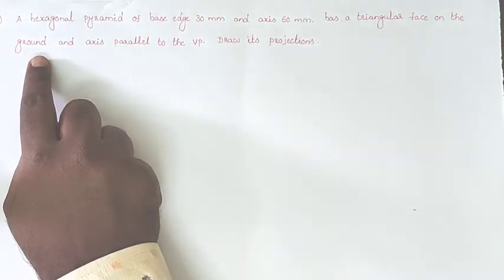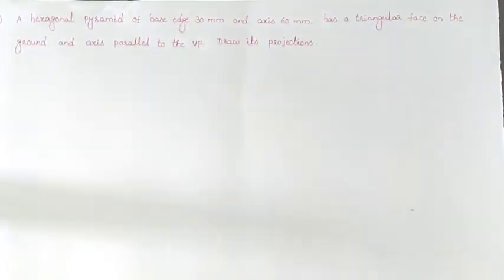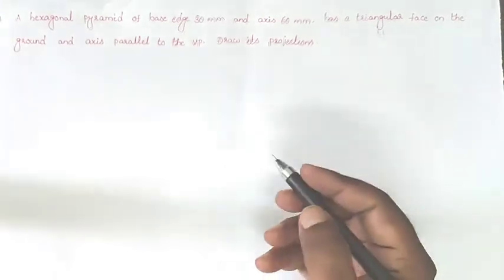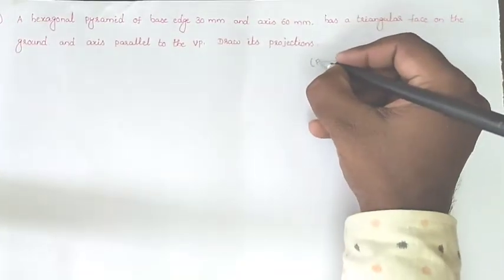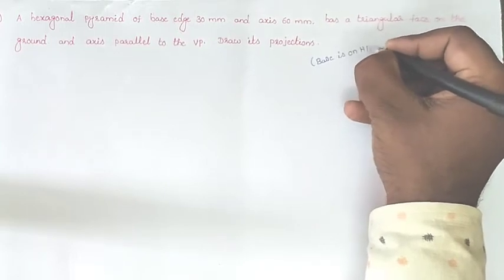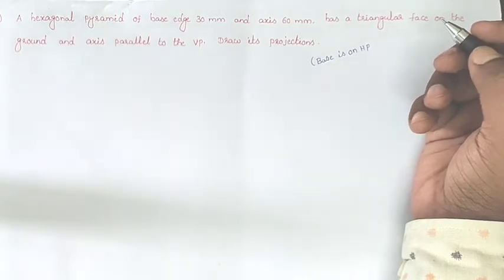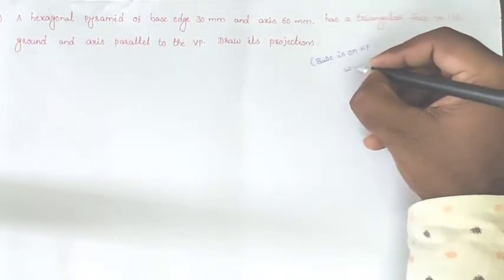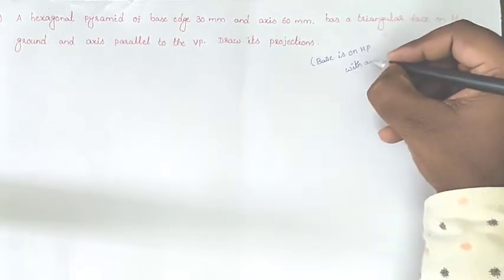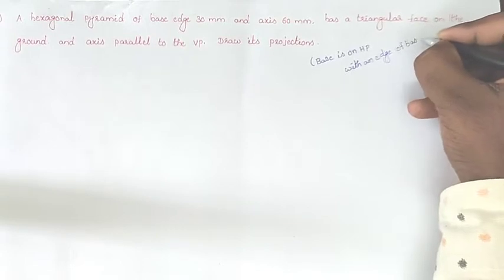Or when the pyramid having one of its triangle faces in the HP and axis parallel to VP is given in our problem, we can assume the base is on the HP, with an edge of the base perpendicular to VP. Like that we can assume.